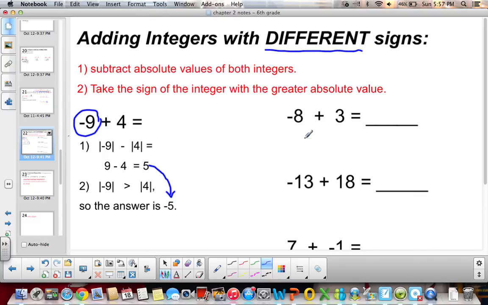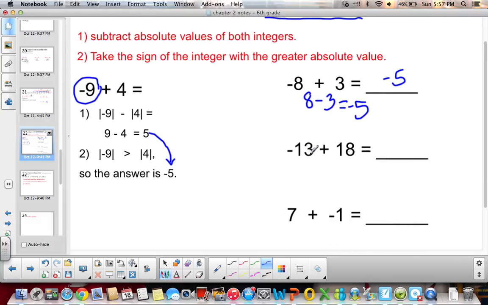Okay, so if we have -8 plus 3, we have negative and positive, so we have different signs. I'm going to drop my signs, so 8 minus 3, we get 5. And then I ask myself, well, 8 is larger than 3, 8 is negative, so I'm going to make it a -5. Okay, -13 plus 18.